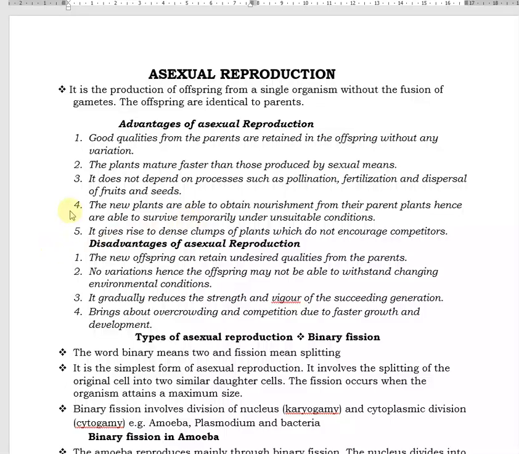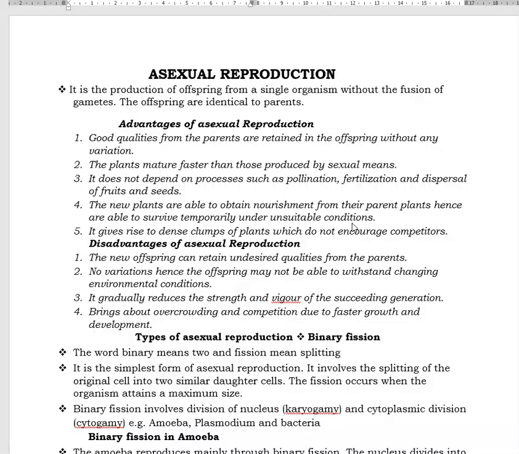Number four, an advantage of asexual reproduction is that the new plants are able to obtain nourishment from their parent plants, hence are able to survive temporarily under unsuitable conditions.